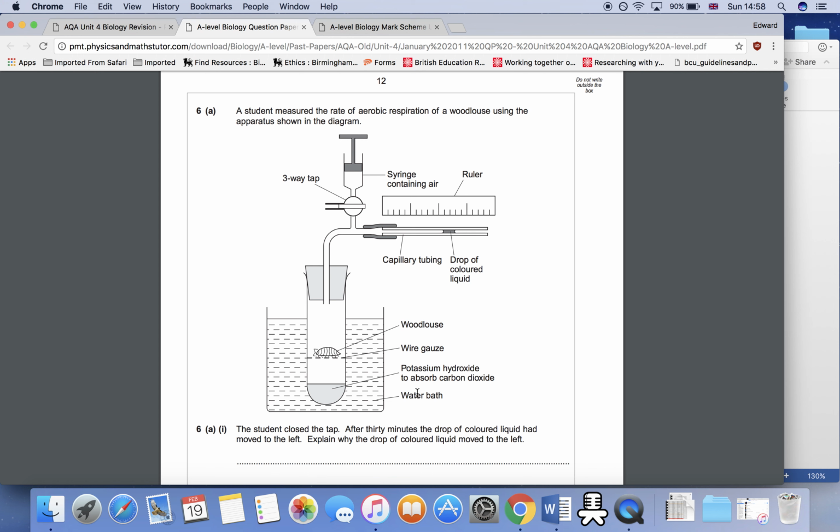We also produce carbon dioxide as a result of that reaction. Respiration is a biological process, and it's going to be producing carbon dioxide. As it says here, the carbon dioxide is going to be absorbed by this potassium hydroxide. So straight away, there's 2 marks already.